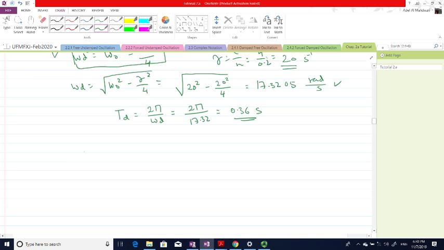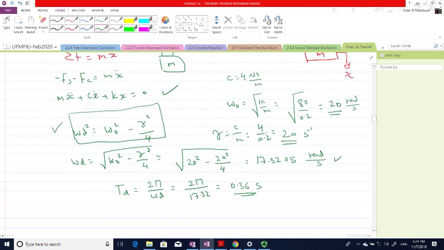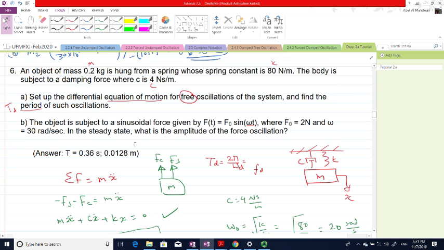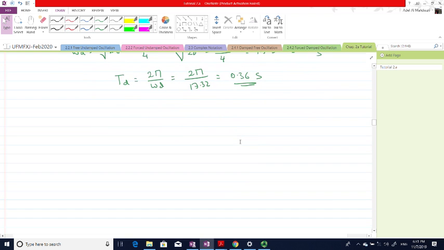So we have to use that one to find the amplitude of oscillation here. So what is the amplitude of the oscillation at steady state?